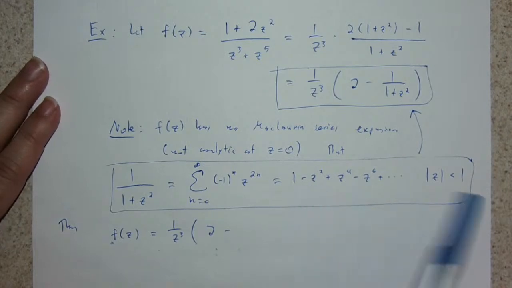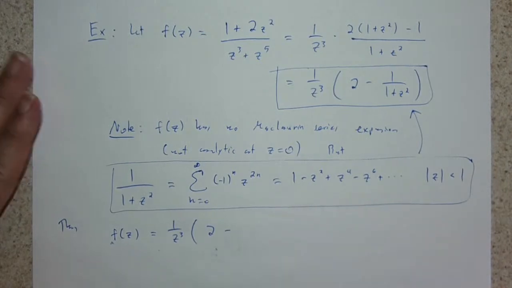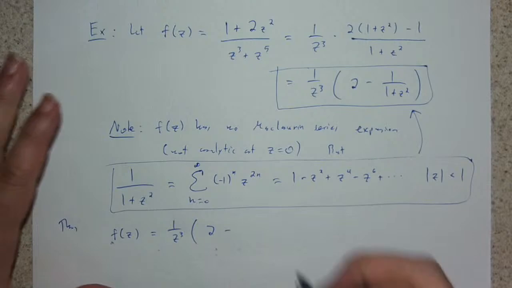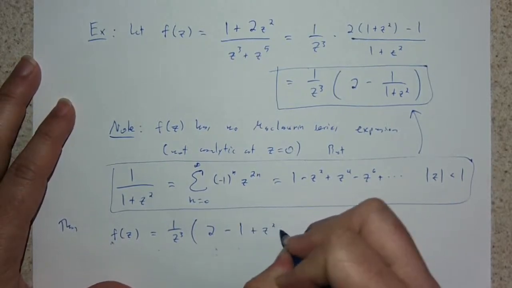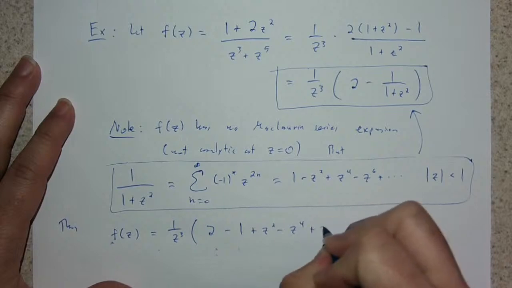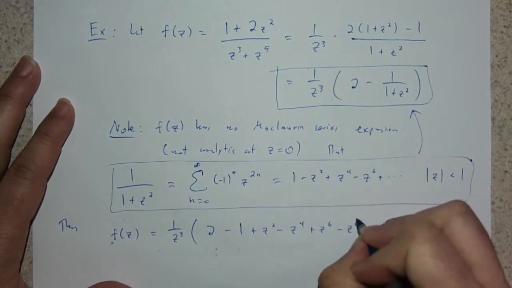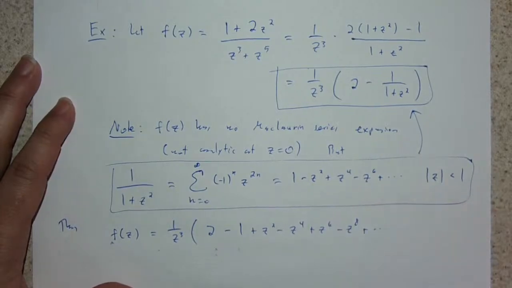So now I'm going to swap the signs. So this is 2 minus 1 plus z squared minus z to the 4th plus z to the 6th minus z to the 8th, and so on.